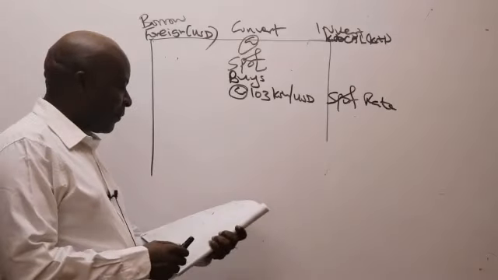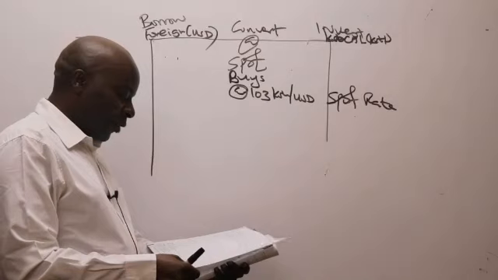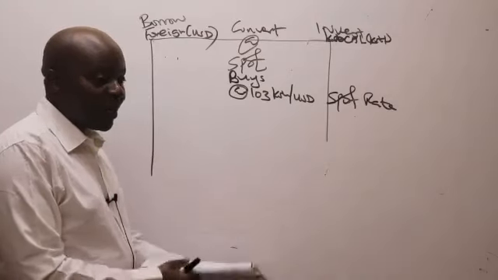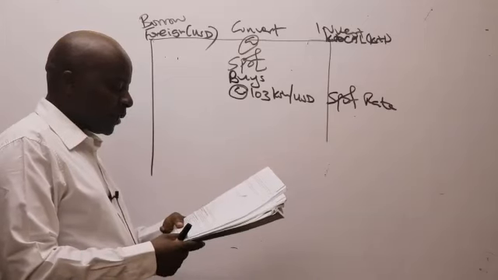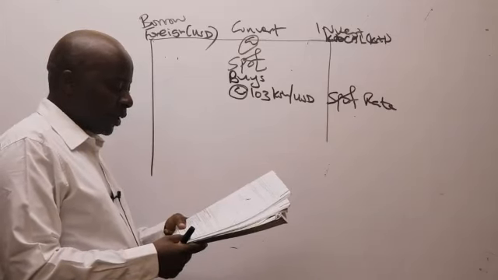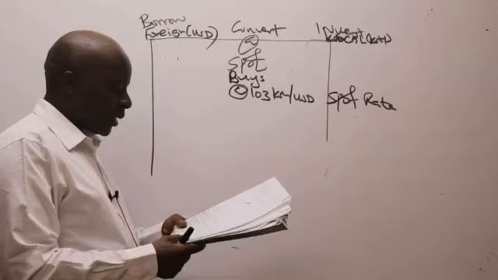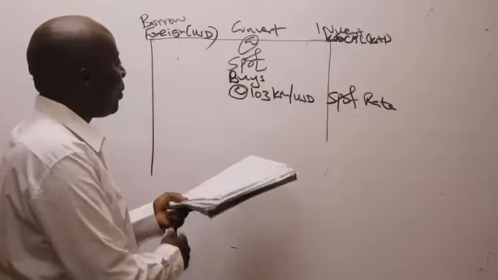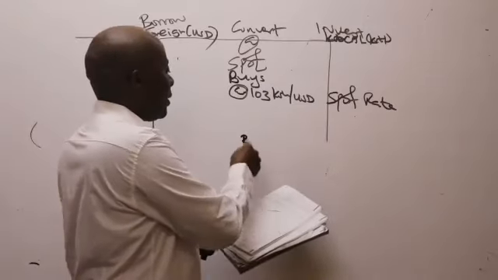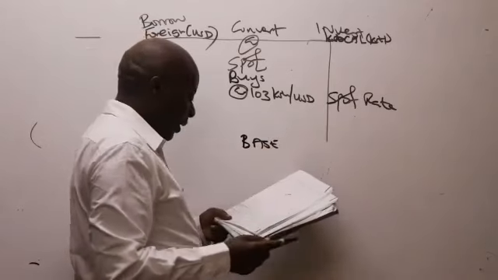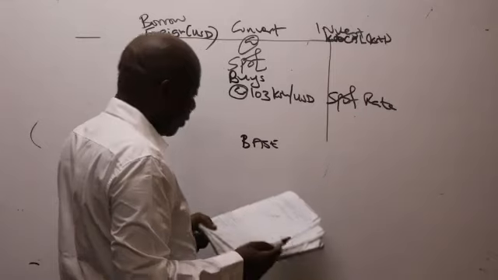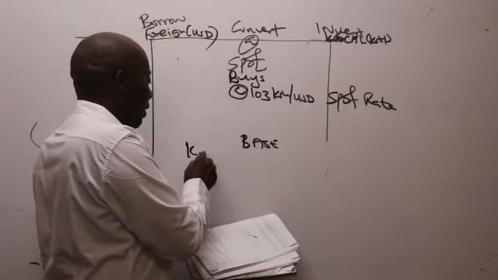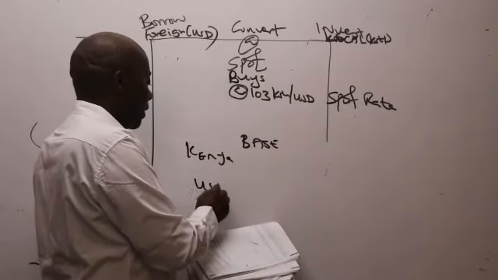Now from there, ladies and gentlemen, I would want to fix up my interest rates. Note number one, we are told the borrowing rate is 3% above the bank base rate, while the investing rate is 2% below. So we have the base, and we have Kenya and the US.